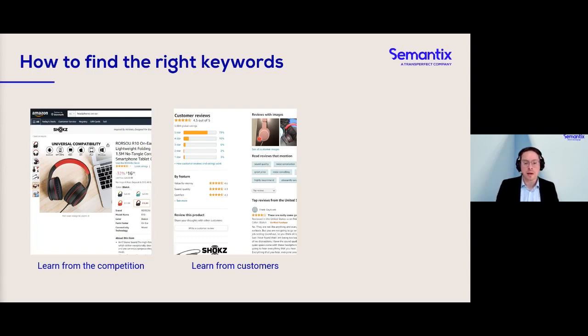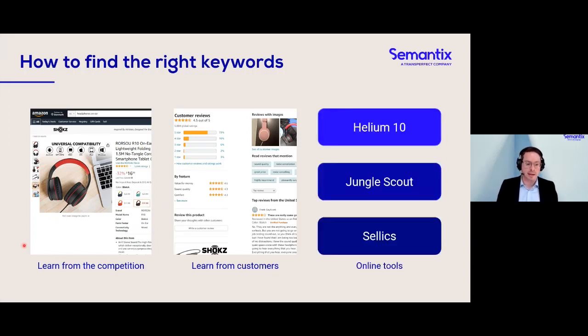And of course, the last one is all of these online tools, like Helium 10, Jungle Scout, Sellix, and many other tools. These are really comprehensive keyword tools that can help you find keywords that you need to use and possibly give you a competitive edge. However, you will need to invest a lot of time in understanding how they work.